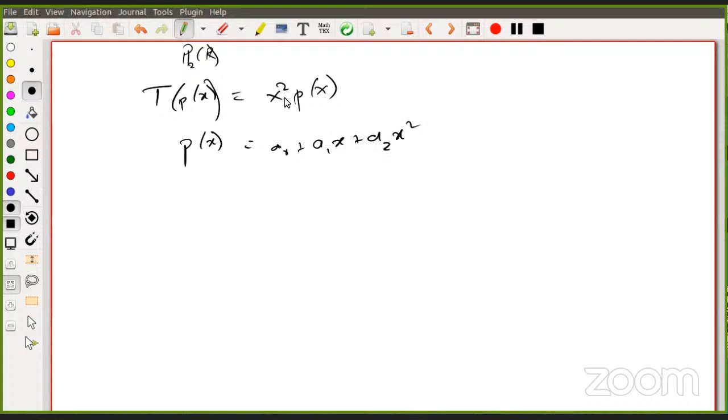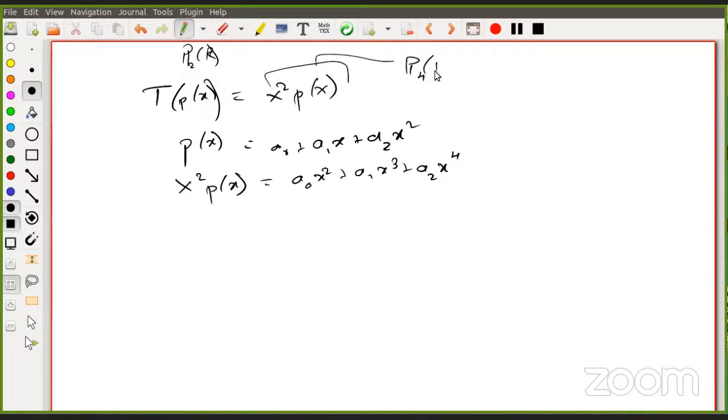If you multiply x squared by this polynomial, what happens? x squared p(x) is equal to a0 x squared plus a1 x cubed plus a2 x to the power 4. So the range of the map is going to belong to P4(R).